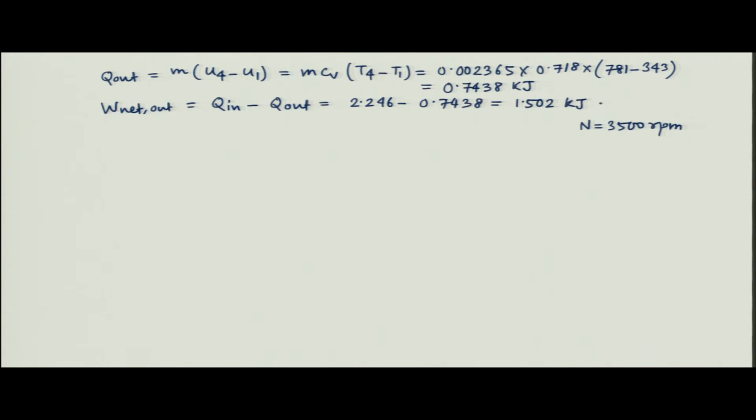This is per cycle, and if you want the network output per unit time, that is why I am writing W dot. N dot is the number of revolutions per second, and I have to multiply it with W net out. So, N dot is 3500 upon 60, which is the revolutions per second, multiplied by 1.502 kilojoule per revolution.